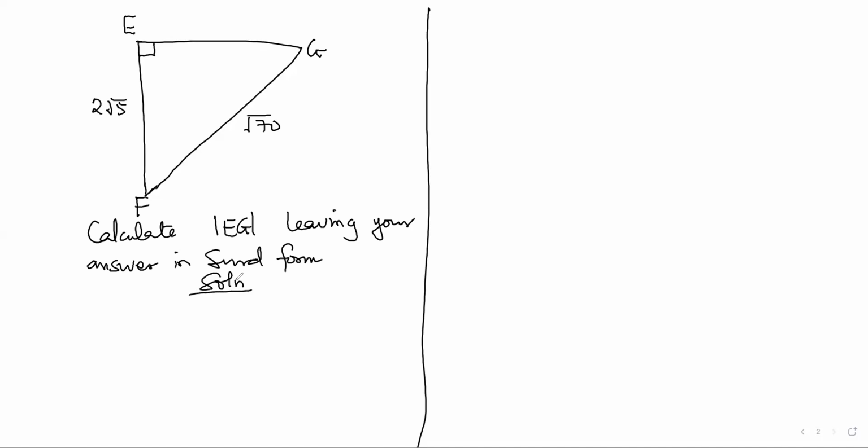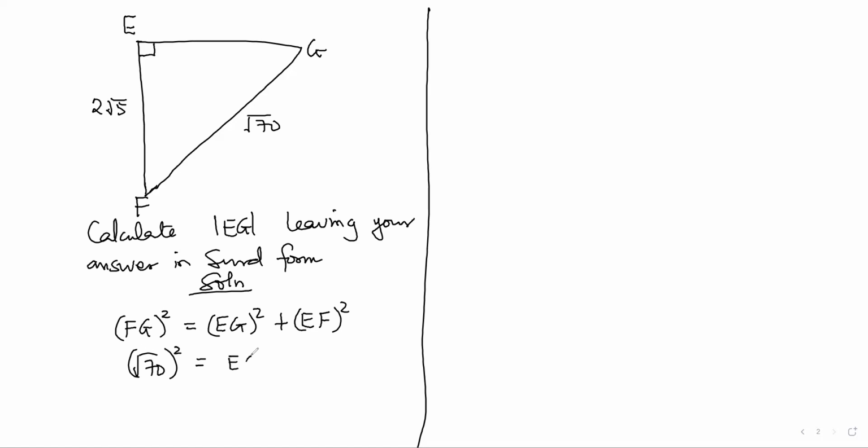So once again, it's going to be your hypotenuse, which is FG squared, equal to EG squared plus EF squared. Okay. So FG squared is root 70 squared.